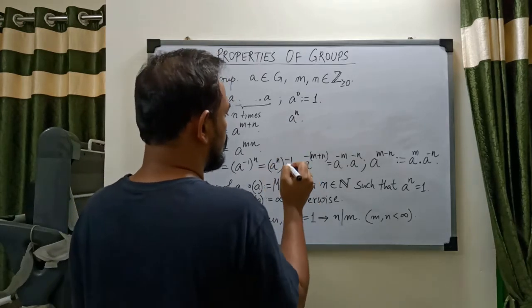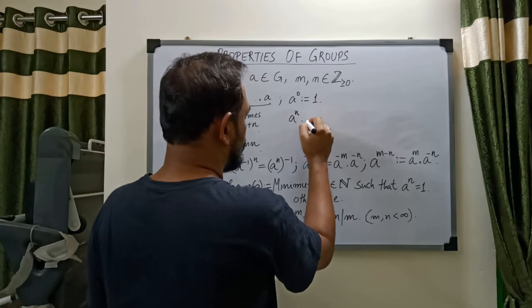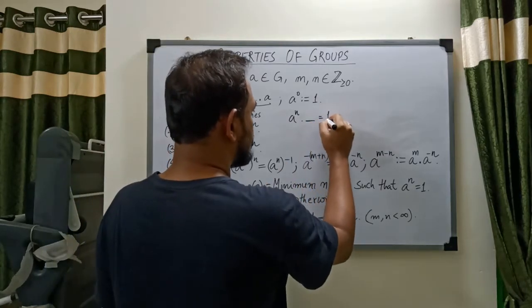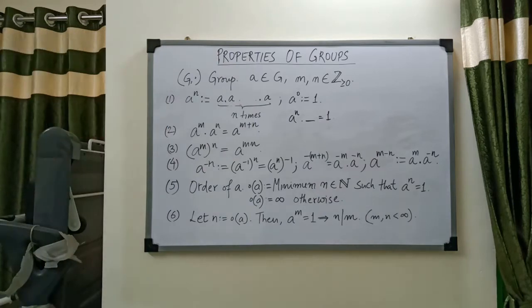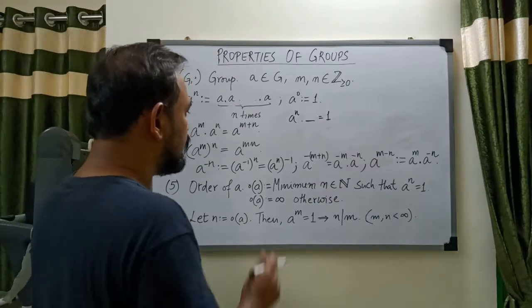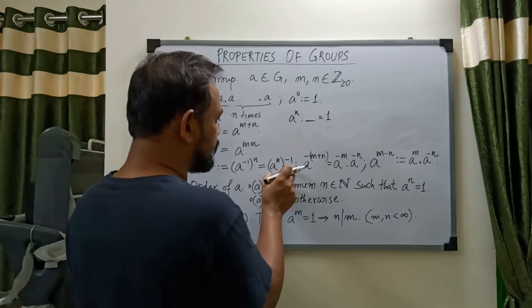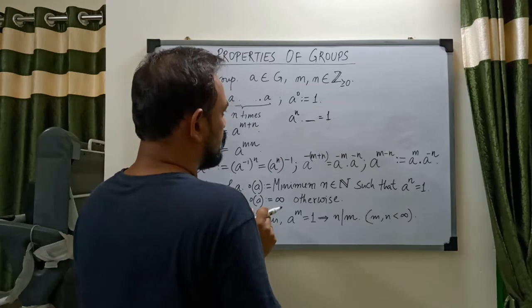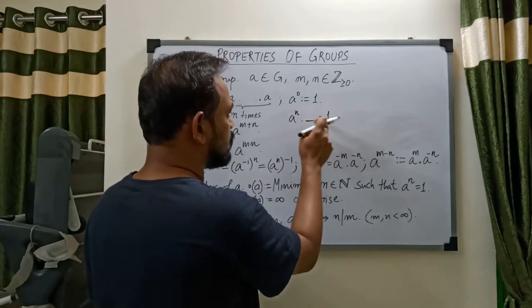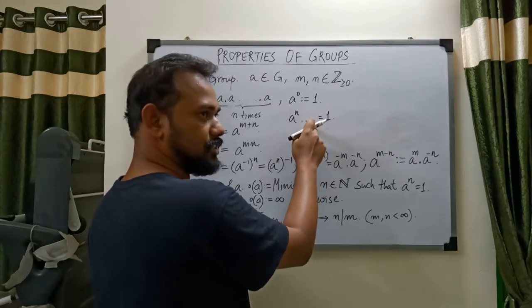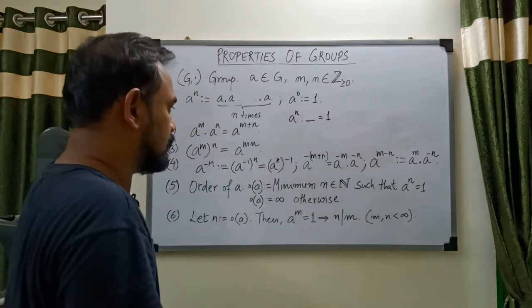In other words, I want to find an element here such that this gives me the identity. That's what I want. An inverse is the element I want, so I want something here which would give me the identity once it is multiplied with a^n, and so this would become a^n inverse by the very definition.